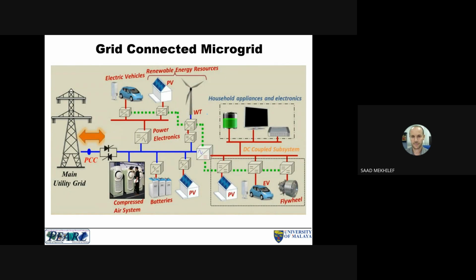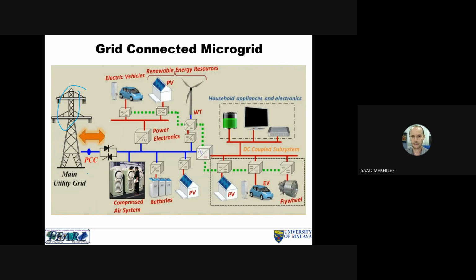So let's look into the grid connected mode. You can see the grid is here, and then we have this PCC, the point of common coupling. This point of common coupling is meant to connect to the grid system.